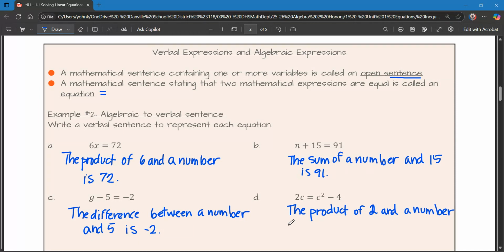The product of 2 and a number is, and then c squared is the square of the same number. So we'll say is that number squared. And then we have a subtract 4, so we can say less 4. Again, this is only one way that you can write these, kids. There are lots of different ways you can write these.